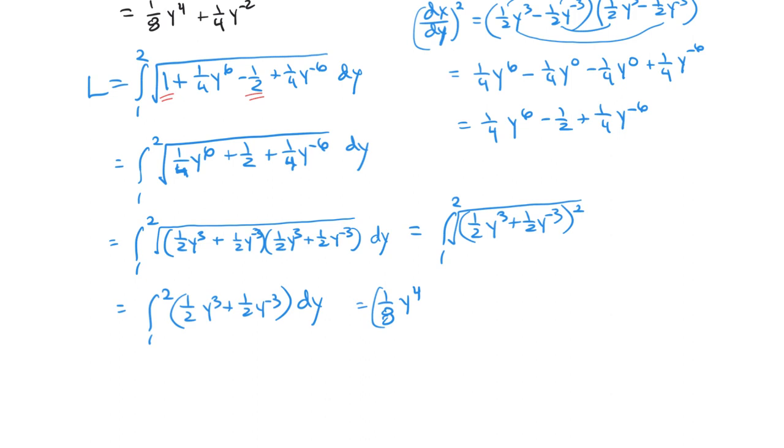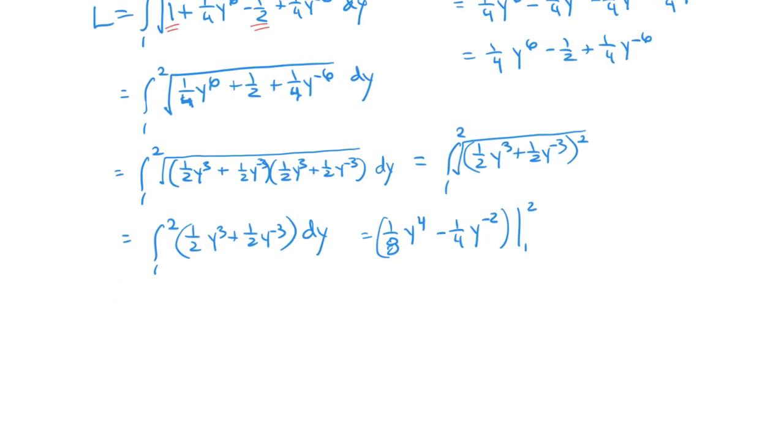So we can plug those values in. And let's see what we get. We're going to get 1/8 times 2 to the 4th, minus 1/4 times 2 to the negative 2, minus, when you plug a 1 in, we just get 1/8 minus 1/4.